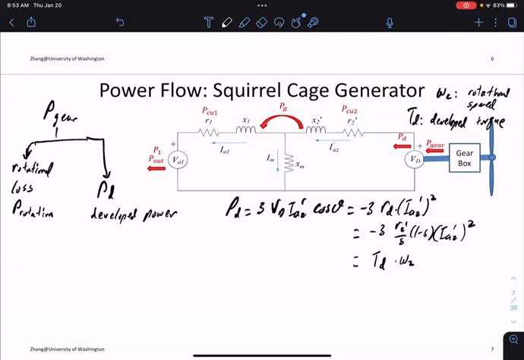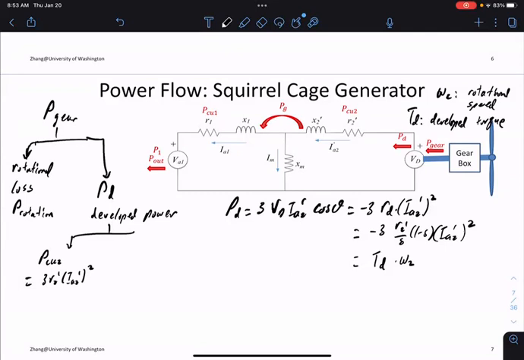All right, so this is the developed power. After the developed power, we have the losses, right? This is simply R2 prime times IA2 prime squared. This is the power loss in the R2 prime resistor.